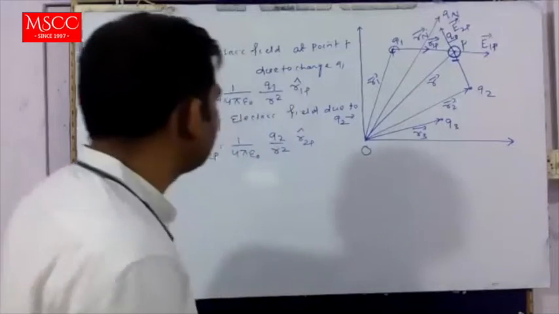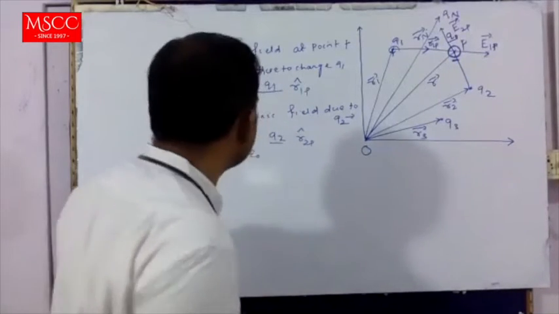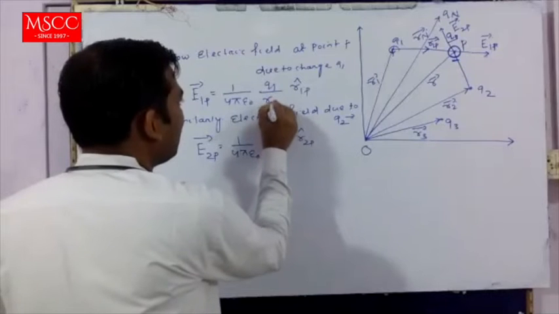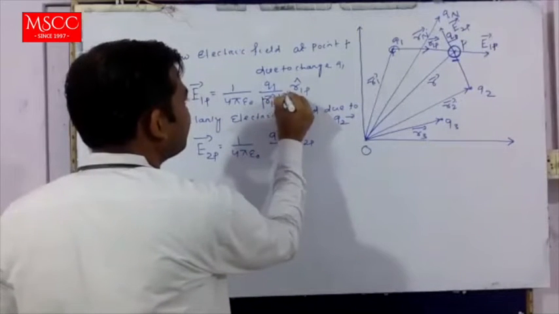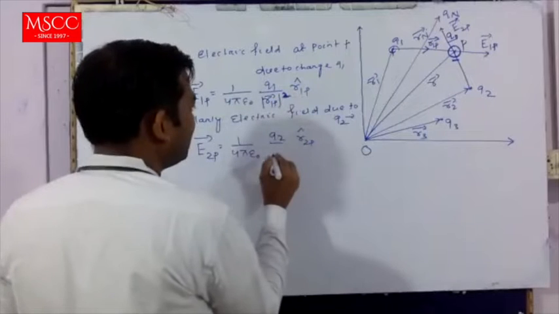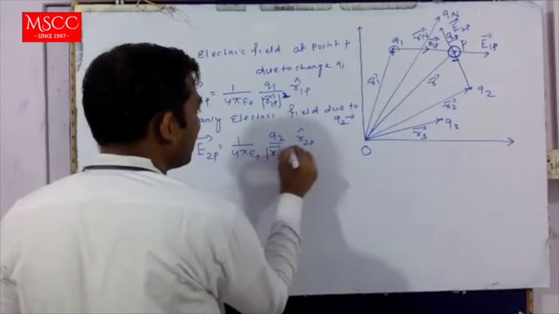We can write in the same manner R1P square, and this is also R2P square.